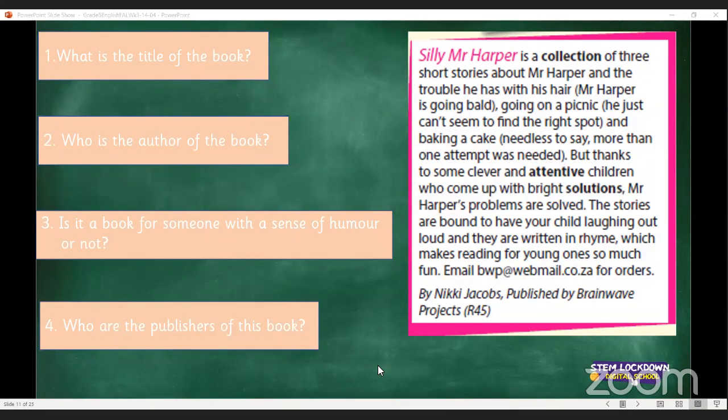Well done. Grade 5s, you're doing very well. Brainwave, well done. It says at the bottom that this book is written by Nikki Jacobs, published by Brainwave Projects. Now remember, don't just say Brainwave, always say the whole word. Very good, Pearl. Brainwave Projects. Sumaya, very good. That's looking really good. Well done.